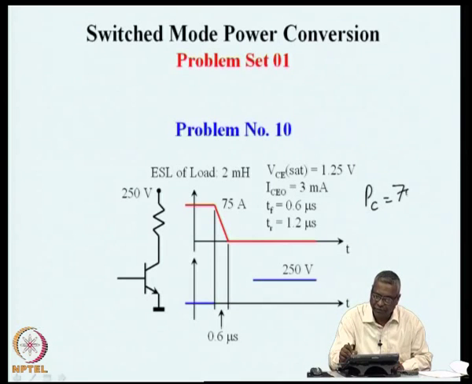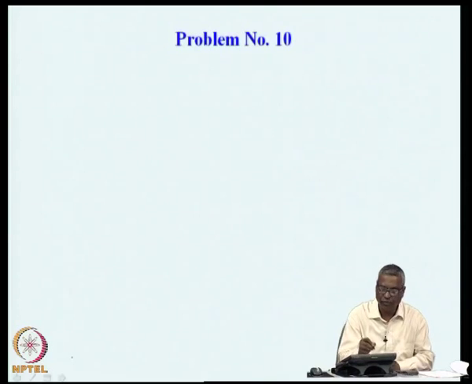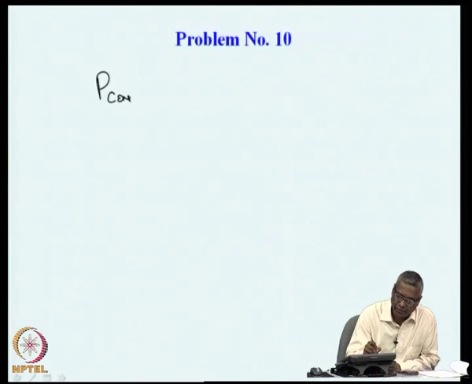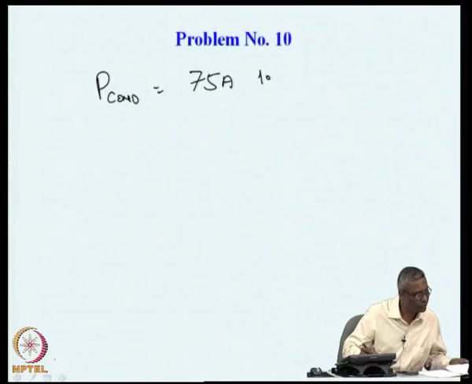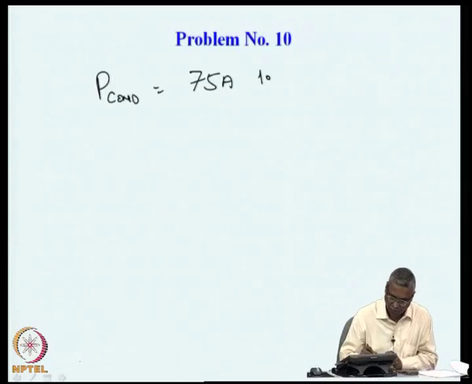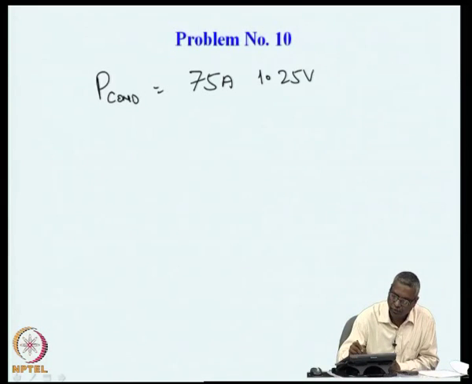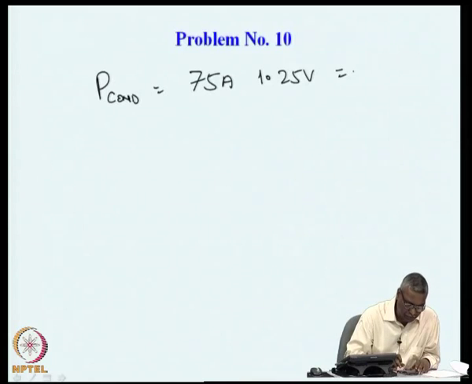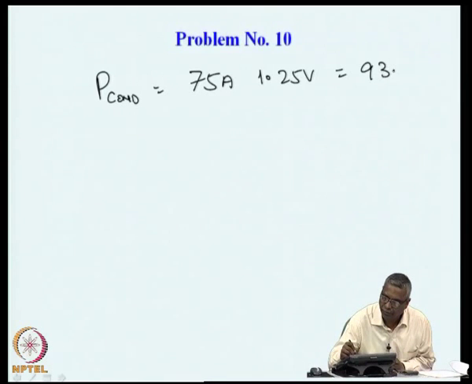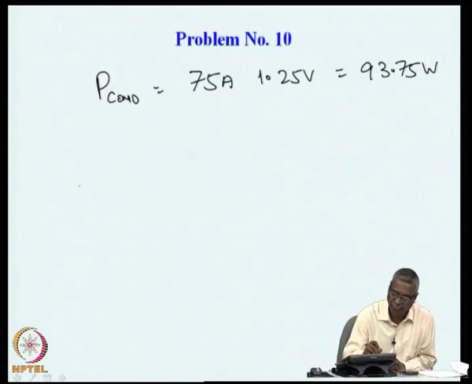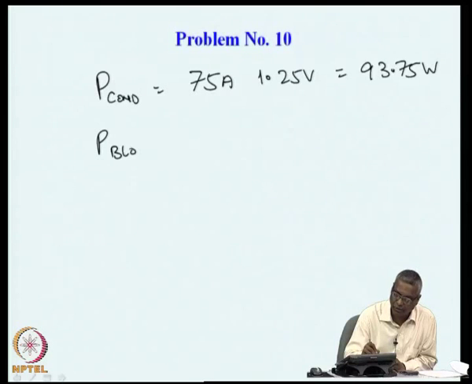P conduction is 75 amperes into 1.25 volts, and 75 into 1.25 is 93.75 watts. So, let us see what is the blocking loss.